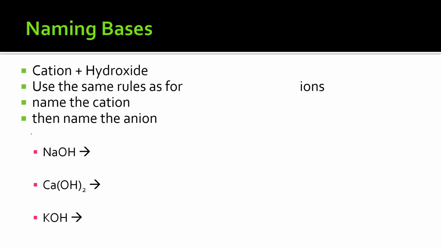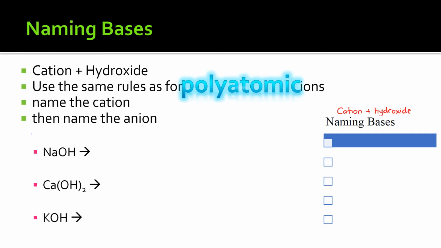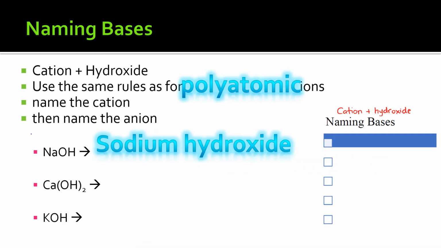Naming bases. Bases are just cations and hydroxide. Write that down: cation plus hydroxide. To name it, we use the same rules as for the polyatomic ions. We name the cation as is, and name the anion as is.